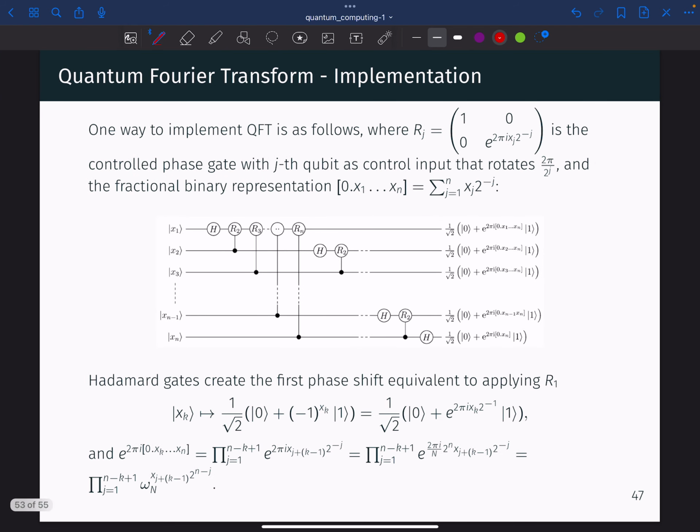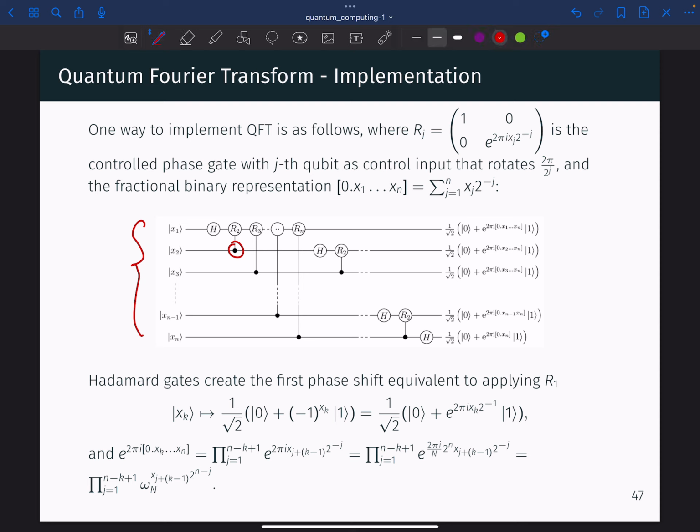Yeah. So now let's go over the QFT circuit. So this is one particular way to do QFT, where the circuit diagram is written out as such. So for the first qubit, you will first do a Hadamard and then the control phase gate, where the control bit is denoted here.